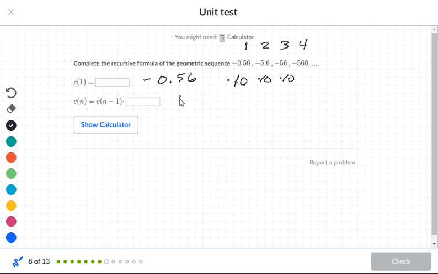So our rule is that we're multiplying by 10 because the decimal moves one place to the right. For every place that you move a decimal, you put down a 0. Since we're only moving it one place, we're only using one 0. So the first box is going to show a negative 0.56, and the next box is going to be a positive 10.